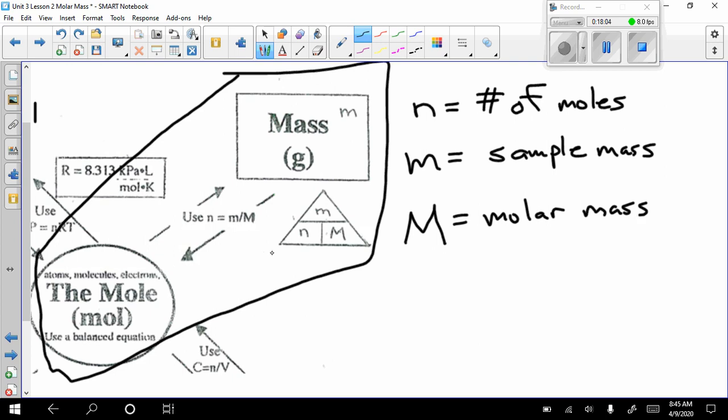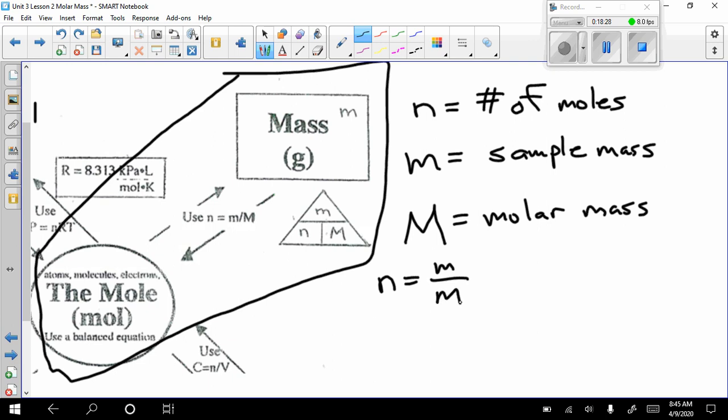Now, again, we've got a triangle, and the triangle technically gives us 3 different formulas. All you've got to do is cover up what you're looking for, and then it'll give you how you calculate using the other 2 variables. So if I cover up little n here, I know my formula becomes the sample mass divided by the molar mass.